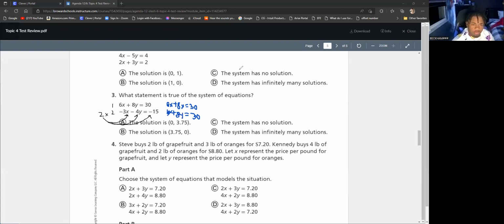What's 2 times negative 3? What's 2 times negative 4? So it's a negative. Which one's negative? Both of them. And what's 2 times negative 15? It's negative 3. All of them are negative. So change all of them to negative.